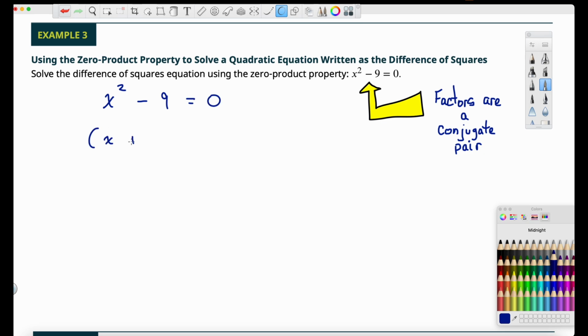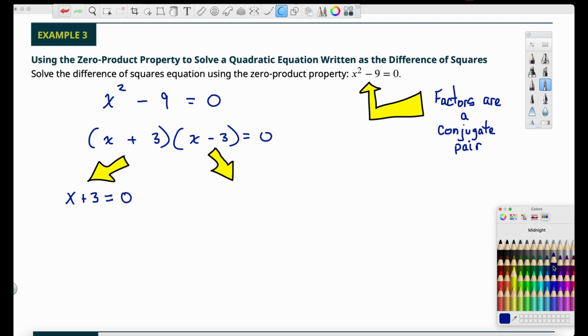So the square root of x squared is x, and the square root of 9 is 3. So we do x plus 3 times x minus 3, set the quantities equal to 0, and solve for x. So we got x equals negative 3 or 3.